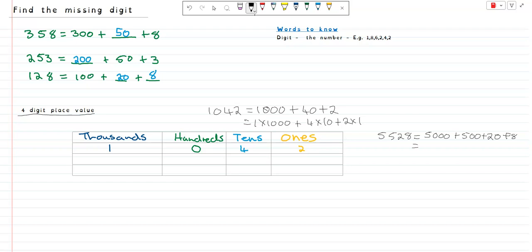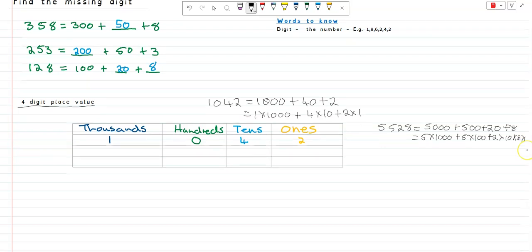Let's do it in expanded notation. How many thousands do we have? 5 times 1,000. How many hundreds? 5 times 100. How many tens? 2 times 10. And how many ones? 8 times 1. Okay, that would be our expanded notation. Now we can write it into our table.